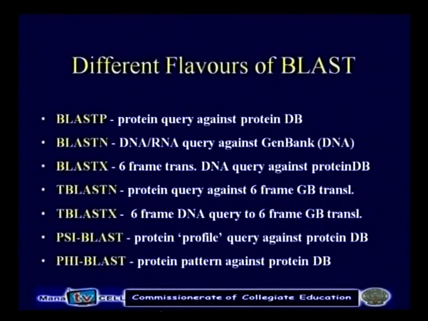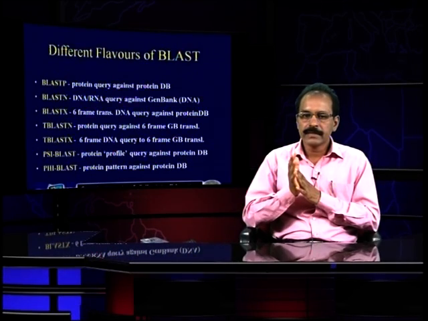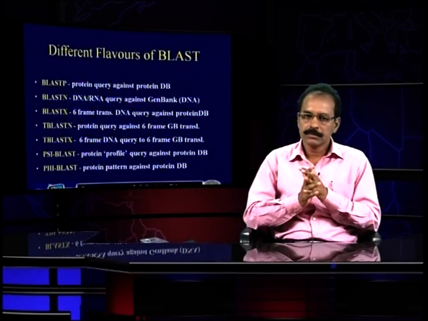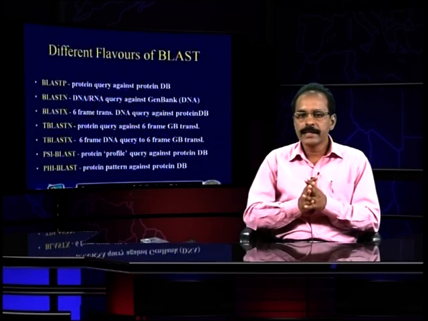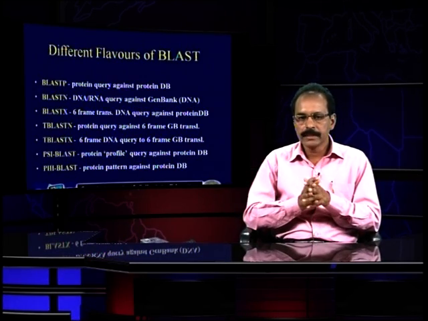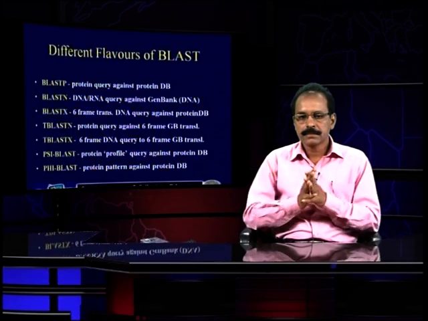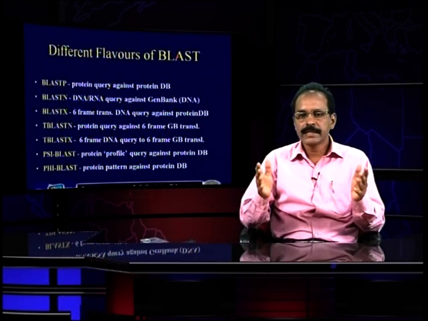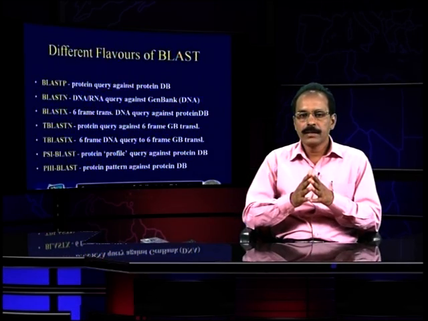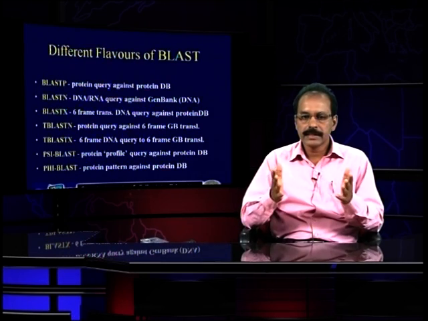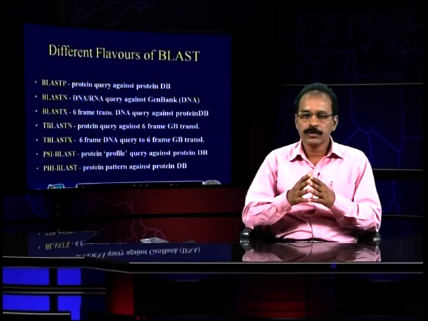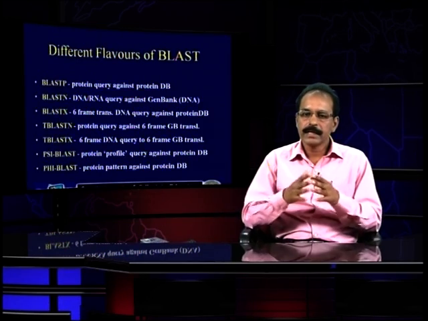Before going to that, there are different flavors of BLAST. There is BLASTP, a protein query against a protein database, and BLASTN, a DNA or RNA query against Genbank. BLASTX is a six-frame translated DNA query against a protein database, and TBLASTN translates the nucleotide database, and TBLASTX is again six-frame.